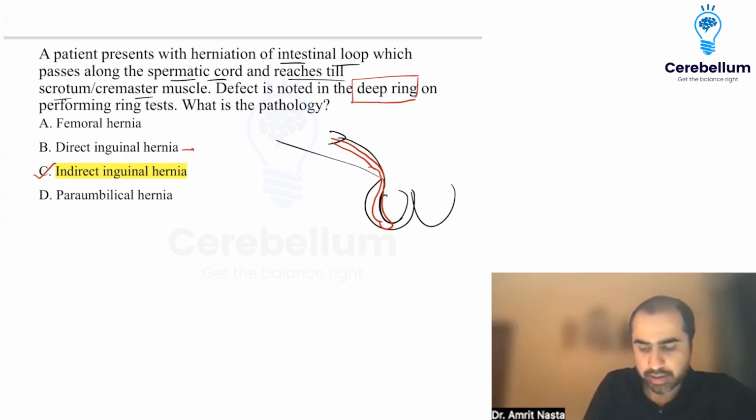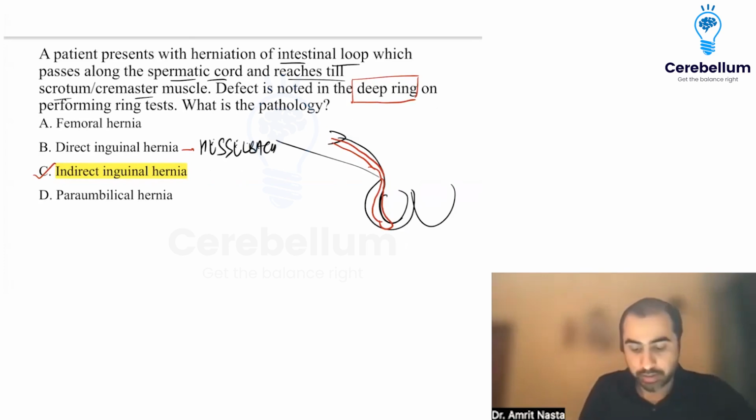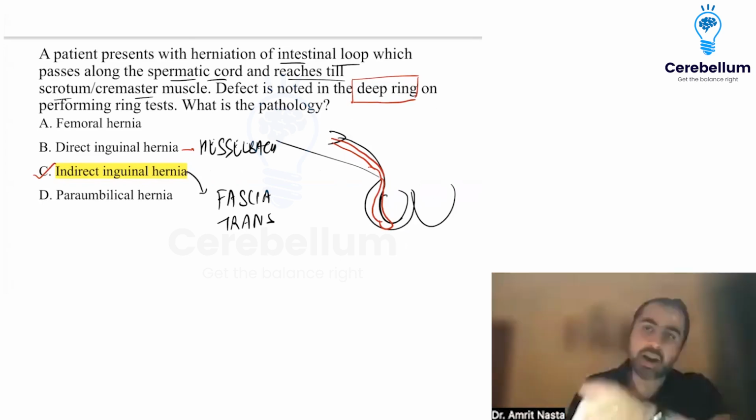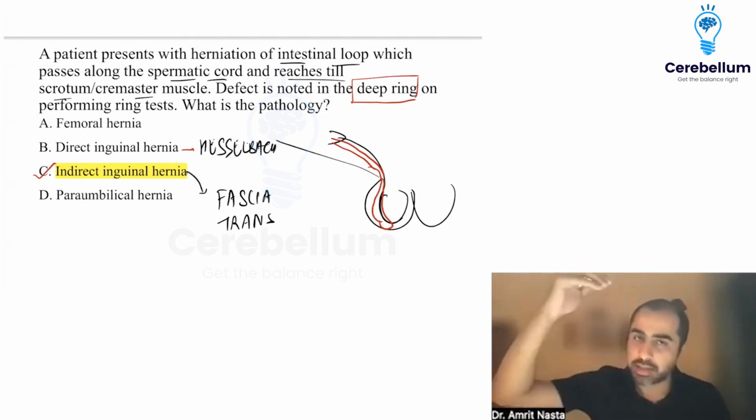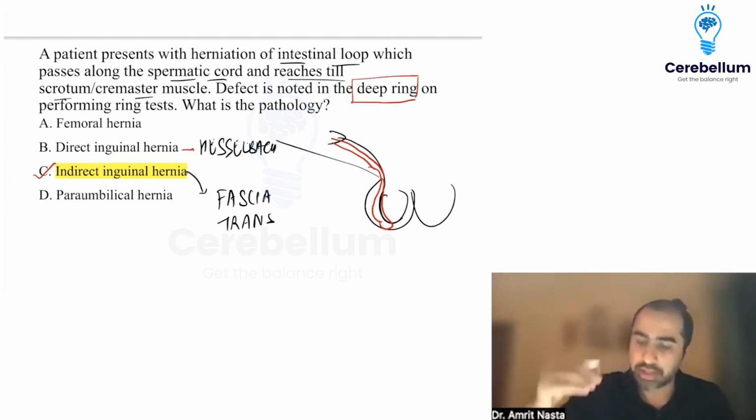Deep ring is a defect in what? कहाँ से आ रही है deep ring? It is a defect in fascia transversalis. Remember I taught you that posterior wall only has fascia transversalis. The other muscles, the internal oblique वगैरह, they don't come inside. So you only have fascia transversalis.